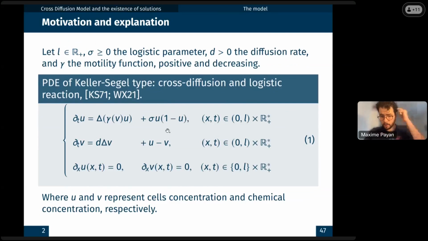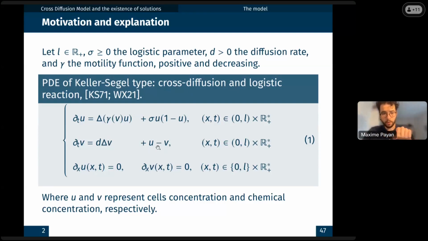It models the logistic growth of the species U. If there is no diffusion, you have just a logistic growth. D is just a diffusion rate, the diffusion rate of V with respect to U, so the temperature, if you want, of the species V with respect to U.